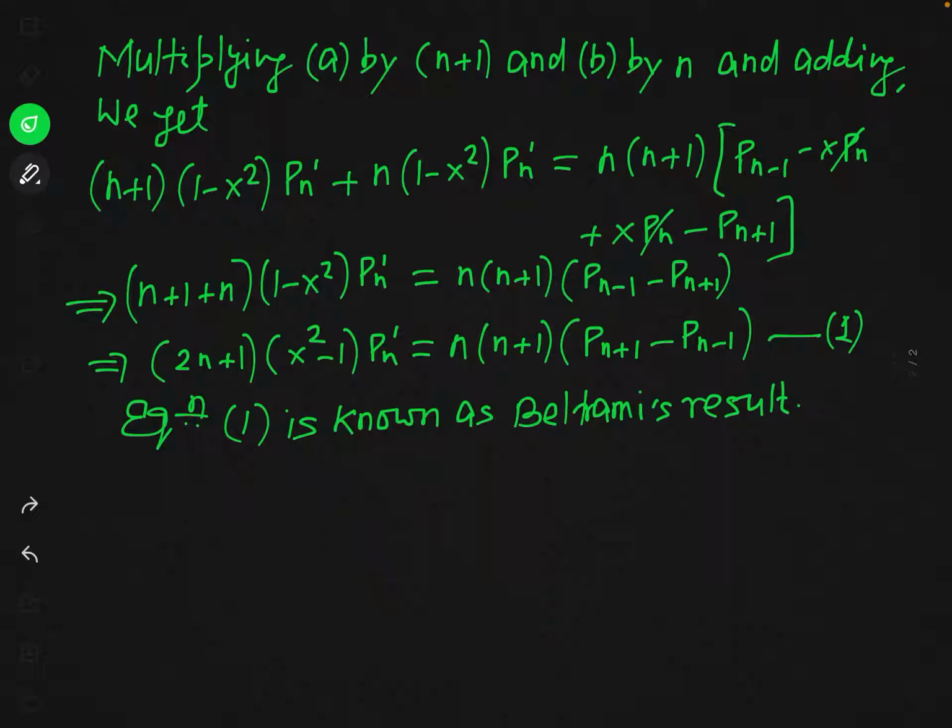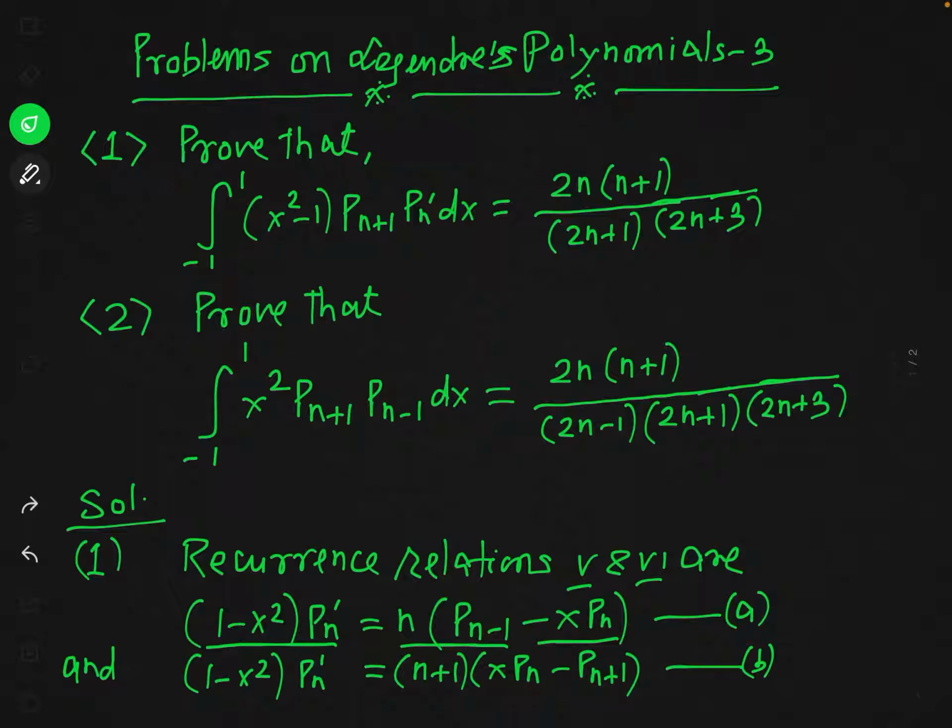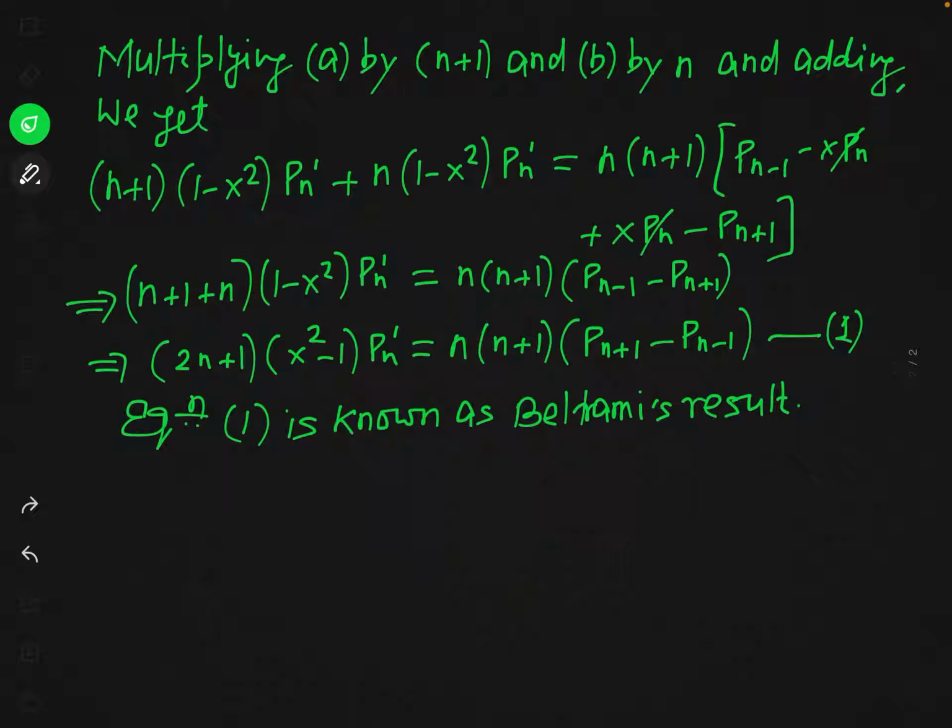Now let us multiply this equation A by n plus 1 and the other relation defined in equation B by n. First of all, we will multiply the equation A by n plus 1 and then B by n, and after that we will add these two.